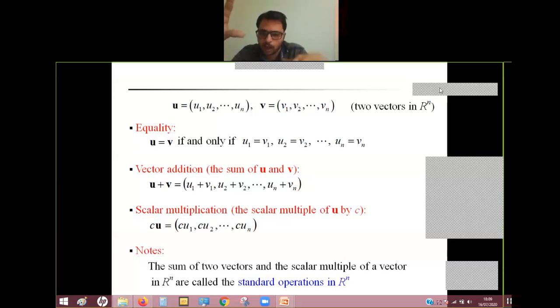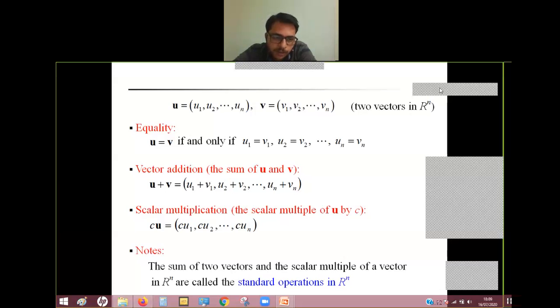While solving examples you will come to know what I am telling right now, but to solve the examples we need to check these two conditions: first vector addition and second scalar multiplication. The first one is u plus v, the sum of u and v.